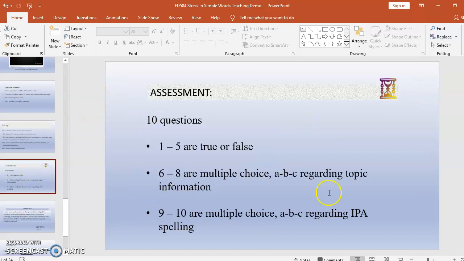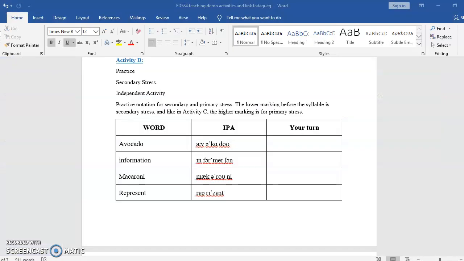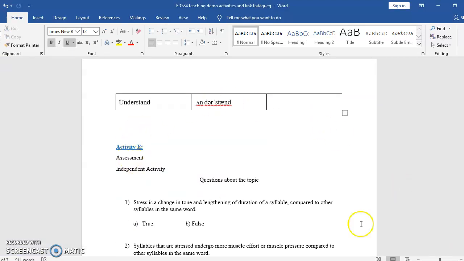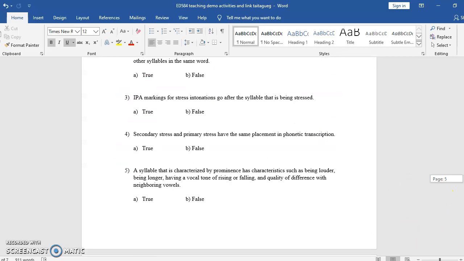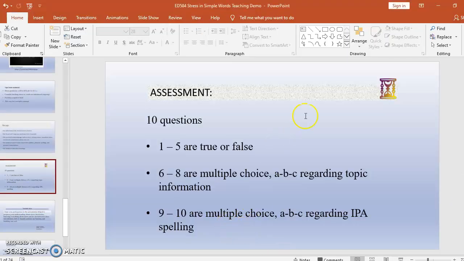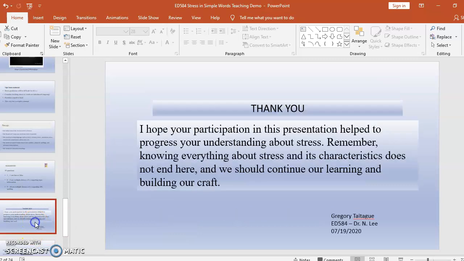Now I want you to do the last activity, which is the assessment. Okay, so there are 10 questions here. 1 to 5 are true and false. 6, 7, 8 are multiple choice, A, B, and C, and it's regarding the topic information. And the last 2 are also multiple choice, A, B, and C, and it's regarding IPA spelling.